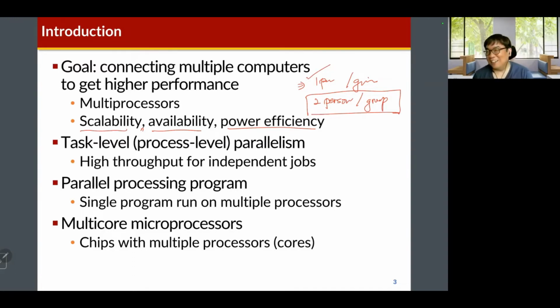Okay, why? What's the reason? Why is the performance of multiple students per group not proportional to the number of students? It can be better, but it's not proportional, because there is overhead. Also, another reason is that our task includes some parts that cannot be parallelized, right?